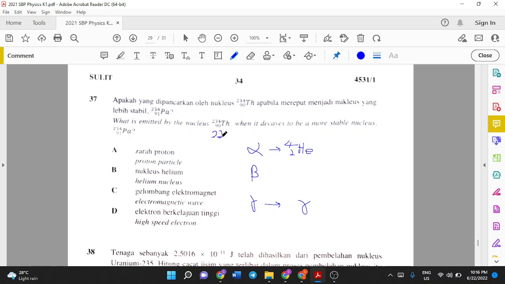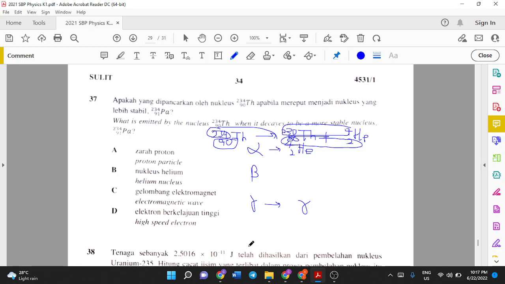So if this thorium is undergoing alpha decay, the equation will be: thorium 234, 90 decays, 234 minus 4 gives 230, 90 minus 2 gives 88, plus the helium nucleus. When you sum up the nucleon number and the proton number, you get back the same value as here.